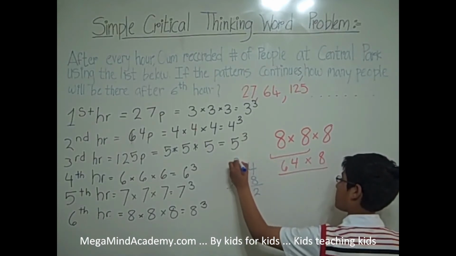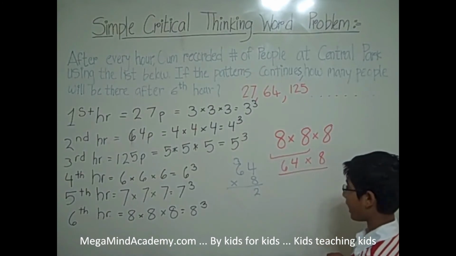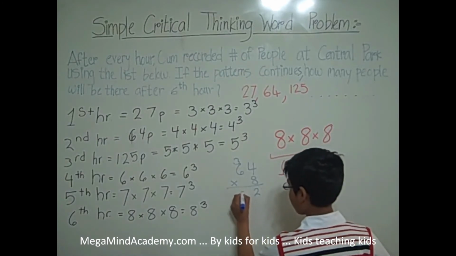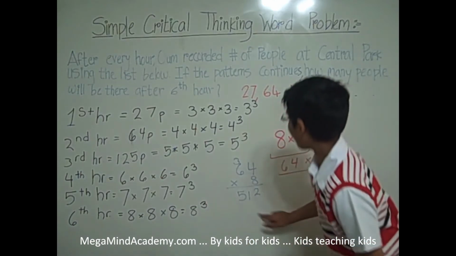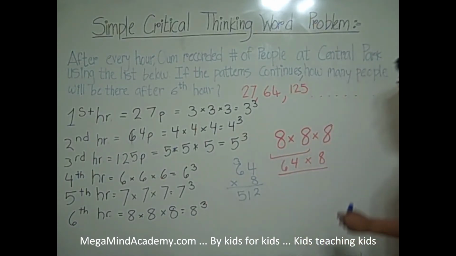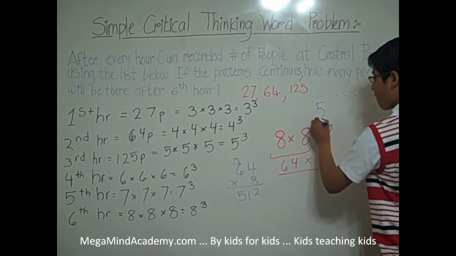You put your 3 up there. 8 times 6 is 48. 48 plus 3 is 51. So our answer is 512. So the answer of this problem is 512.